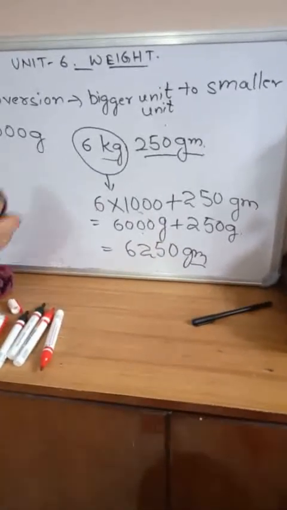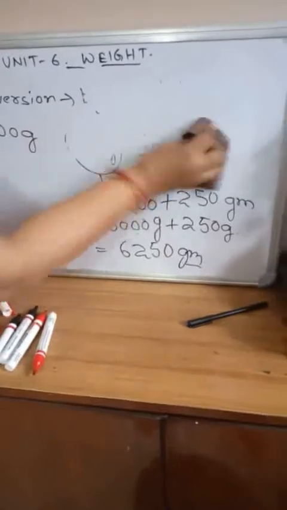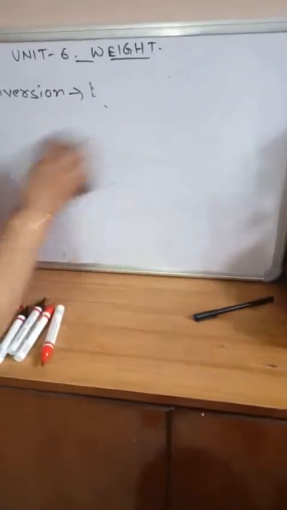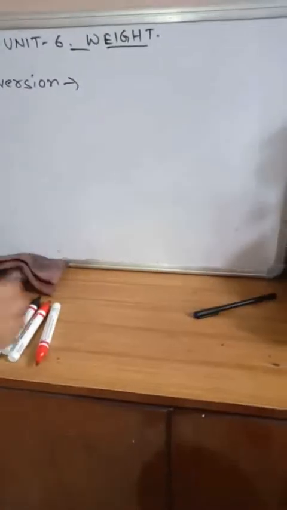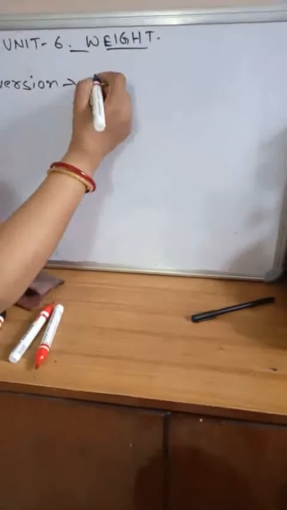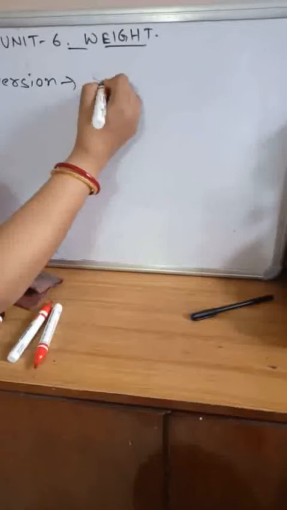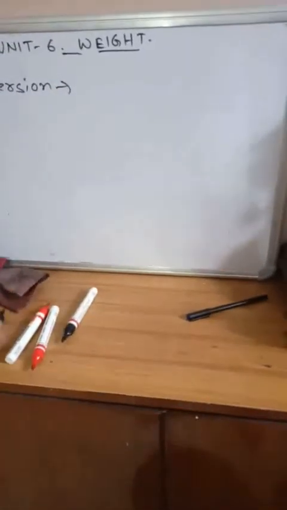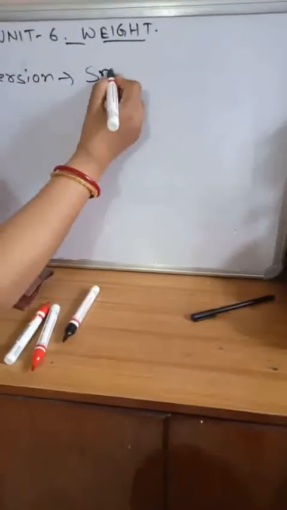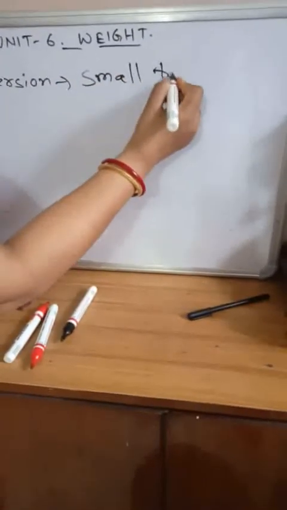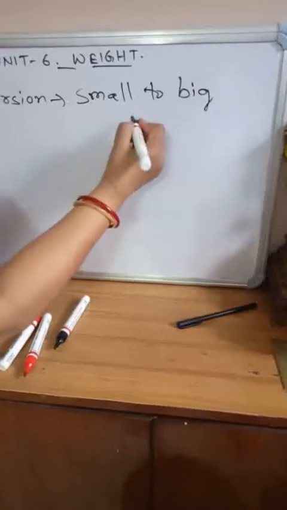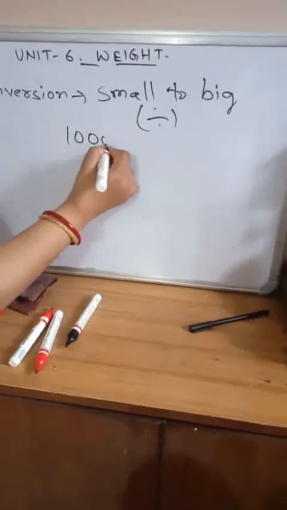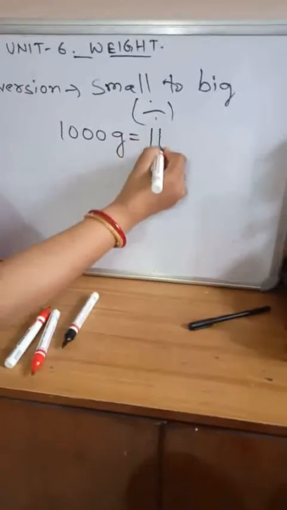Now another thing I have told you, the conversion of smaller unit to the bigger unit. Whenever you have to convert small to big, what will we have to do? Which operation? Division operation. As we all know that 1000 gram is equal to 1 kilogram.